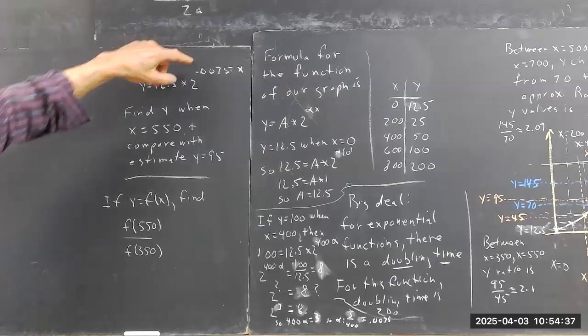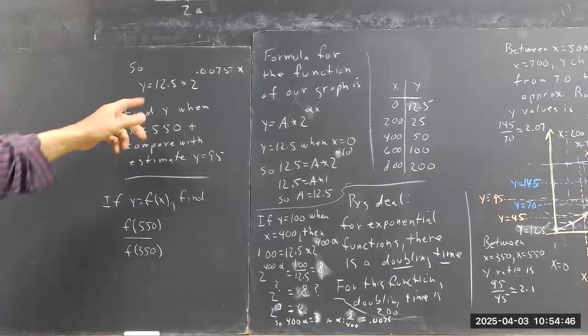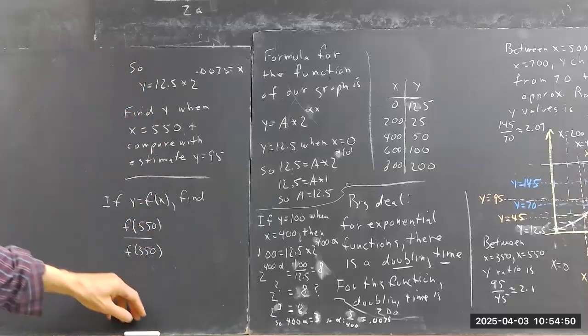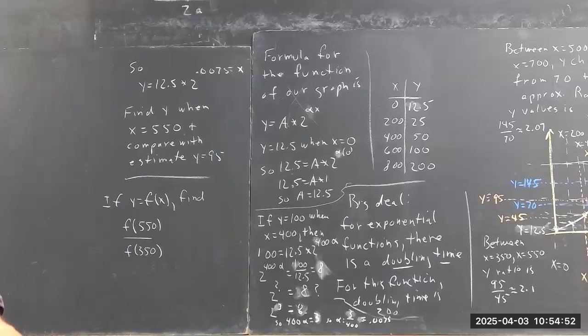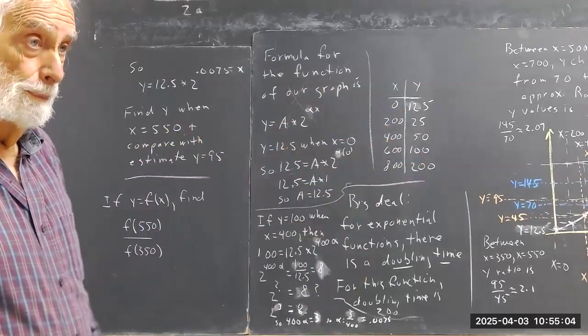So there's the function. If we evaluate that with x equals 550, we're going to get something close to 95. When we plugged it in the calculator, we didn't get it. So we're going to mess with this a little bit when we start the pre-calculus class, and we're just going to start with a synopsis here without going into the details, because what we really want to get is the idea that there is a constant doubling time.